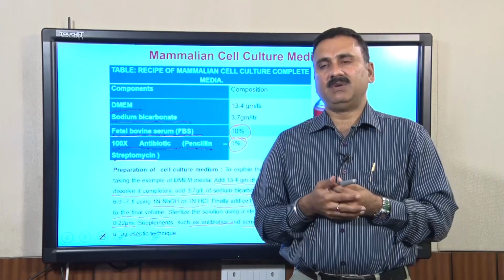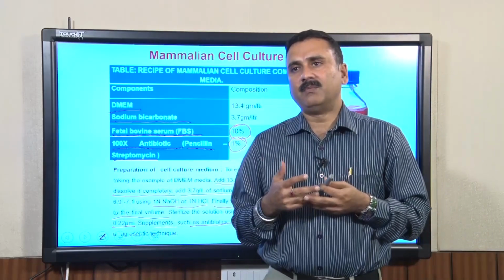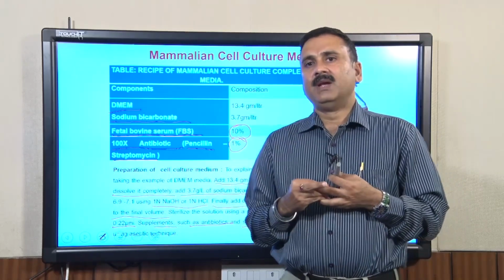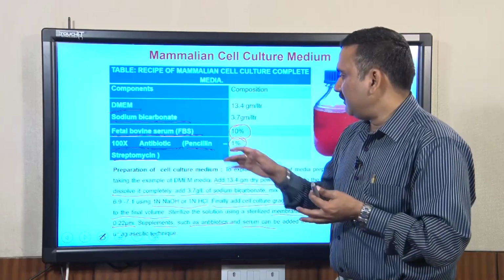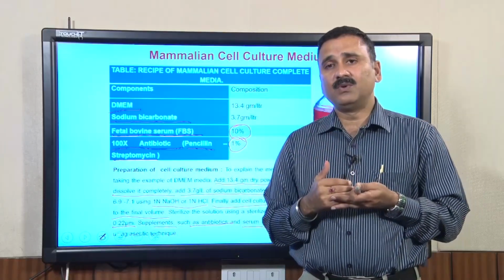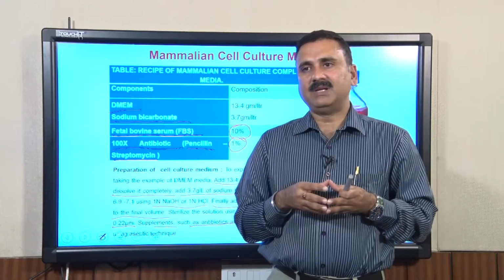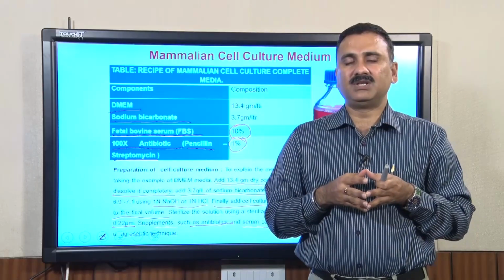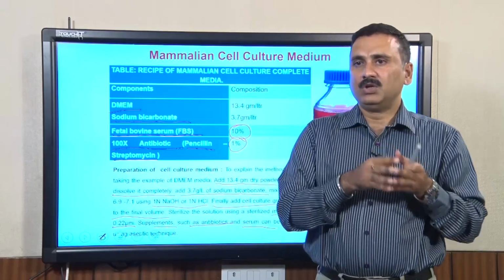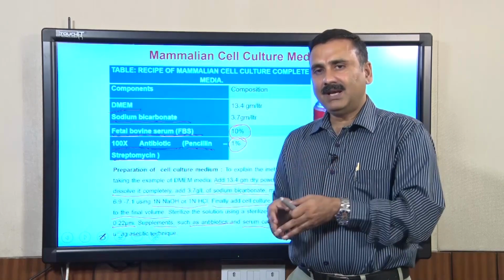Preparation of mammalian cell culture media is very complicated. We have prepared a small movie to demonstrate the different steps of preparing the media, how to maintain the pH, what precautions you have to take, and also how to filter this media in a biosafety cabinet, because most mammalian cell culture manipulation has to be done in a biosafety cabinet so that your sample is protected from contaminating bacteria.